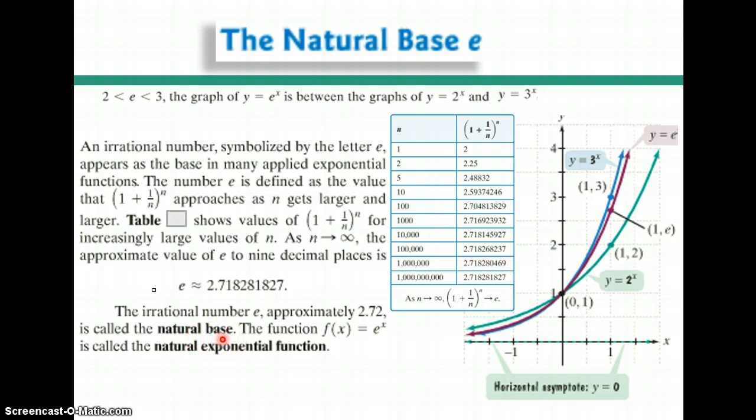The value of e approximately 2.72. E lies between 2 and 3.